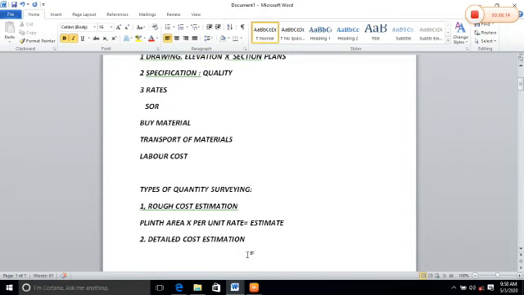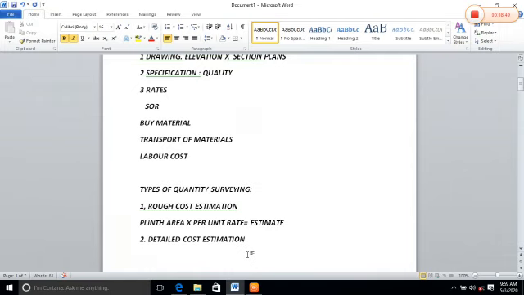For example, quantity required in foundation, brickwork, superstructure, slabs, parapet walls, etc. So find quantity, multiply by per unit rate, and it will give you estimate. Okay, so we will discuss detailed cost estimation in a next lecture.